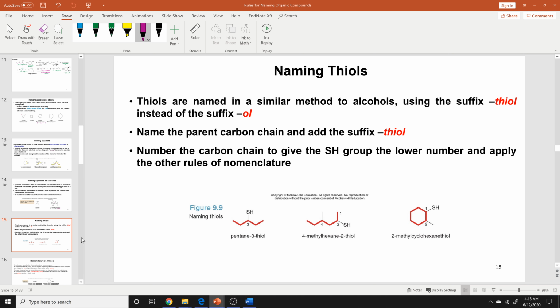It's called the suffix because it's at the end. It's basically the parent name in there. So give it the lowest number. Go ahead and put the thiol at the end since it is the only substituent in there. Same thing over here. This is a cyclohexanethiol, and on the second carbon there is a methyl.